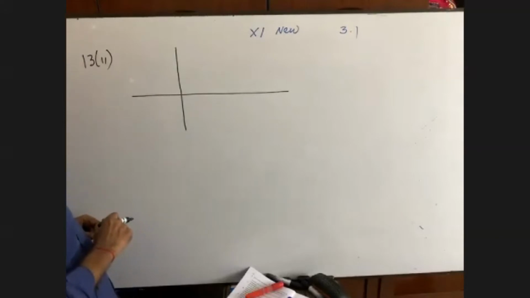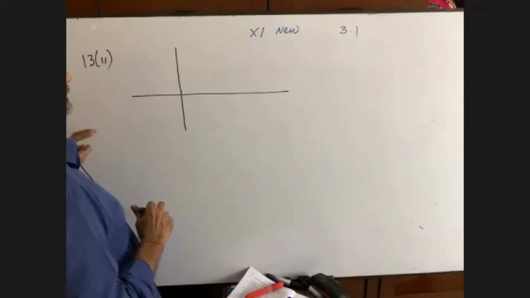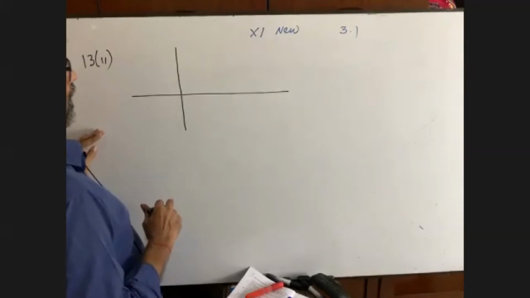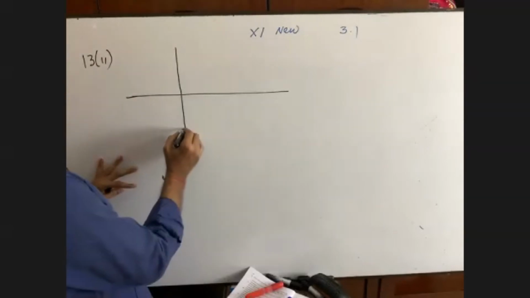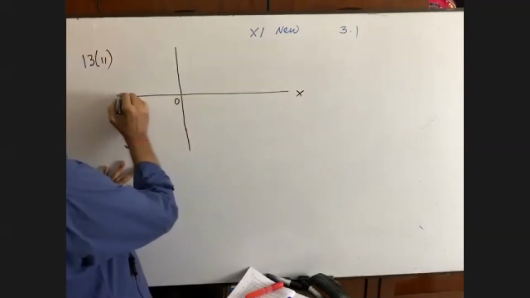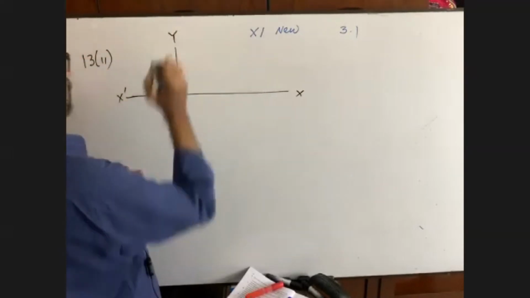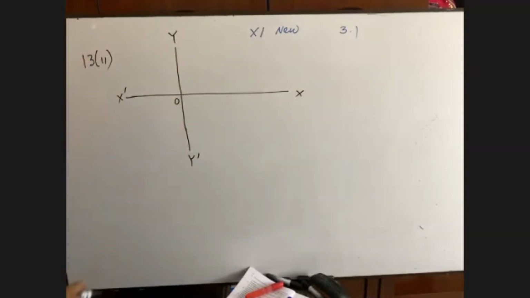Suppose a point is to be taken, with axes x, o, x prime, y, o, y prime. We have a point (4, k).